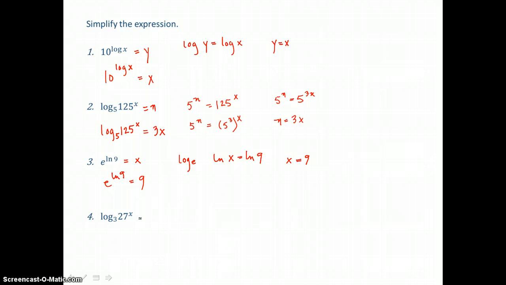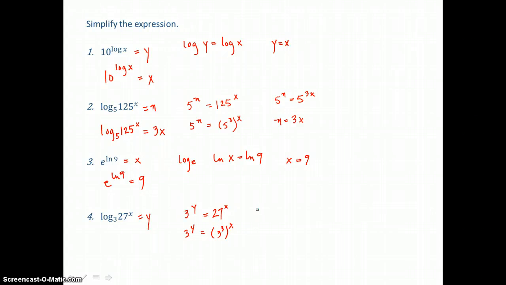Okay, and the last one, let's say this is equal to y. And so our base is 3. We're going to go from logarithmic form to exponential form. Our base is 3 raised to the y power, and it's equal to 27 to the x power. So again, there's 3 factors of 3 in 27, so we can write 27 as 3 cubed raised to the x power.